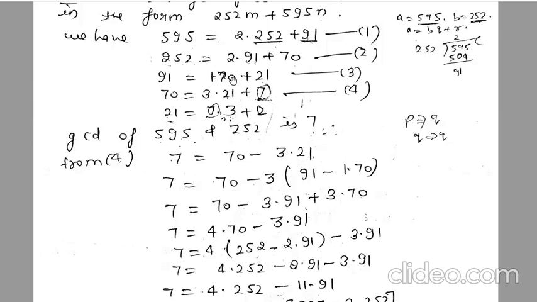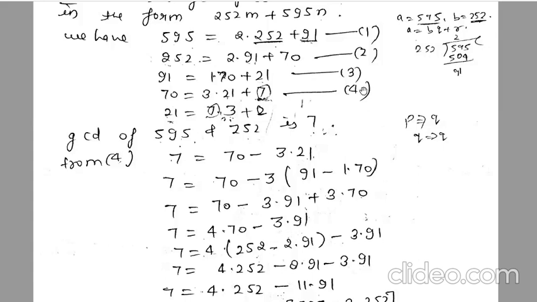So our 21 value will be 91 minus 1 into 70. So we will write here 91 minus 1 into 70, multiplied by 3 inside the bracket. So 70 minus 3 into 91, and minus becomes positive 3 into 70. So there is 3 into 70 and 1 into 70, total will be 4 into 70. So 4 into 70 minus 3 into 91.